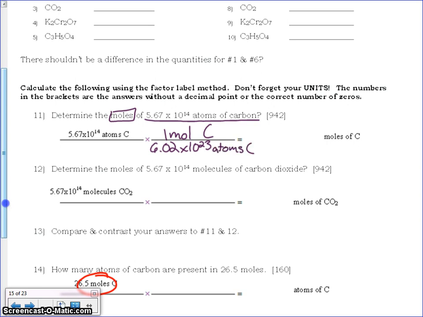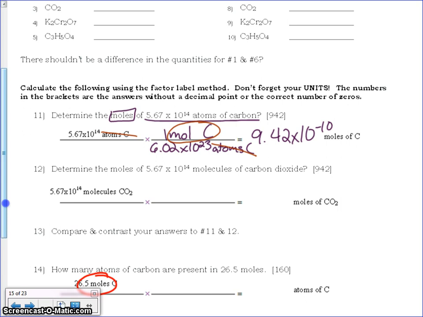So I have to include those units because that justifies what I'm canceling out. Moles of carbon is what I want, so that is the only unit that is remaining. When we calculate that out, your calculator reads 9.4186 at least times 10 to the negative 10th moles of carbon. We're going to round to 3 significant figures based on the 5.67 in the atoms of carbon.